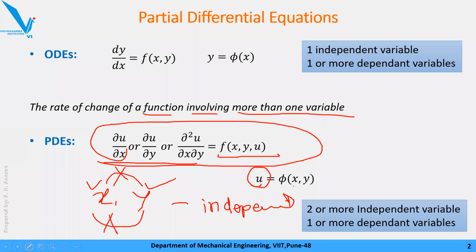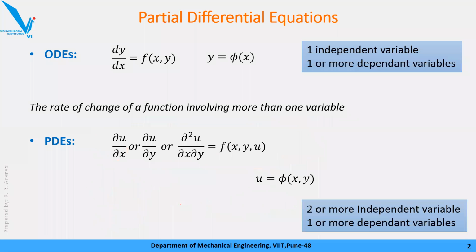So that means in a partial differential equation, there are two or more independent variables. Your differential equation will consist of two or more independent variables, and you can have one or more dependent variables, along with u you might have omega or w, q, etc. Dependent variables can be any number, but the independent variable should not be one in a partial differential equation, and it should be one in an ordinary differential equation.